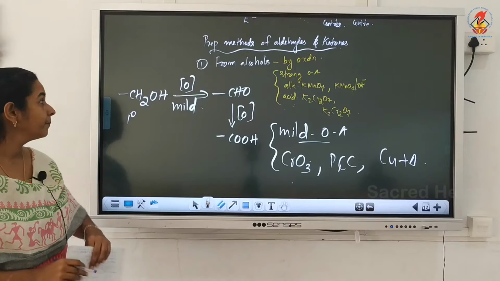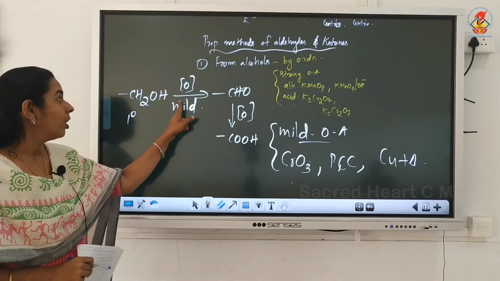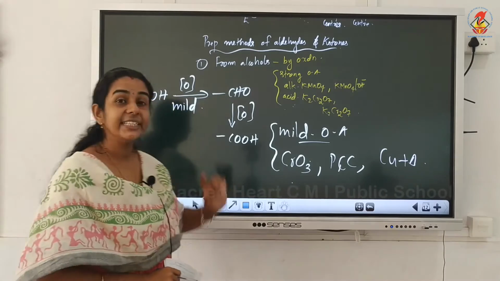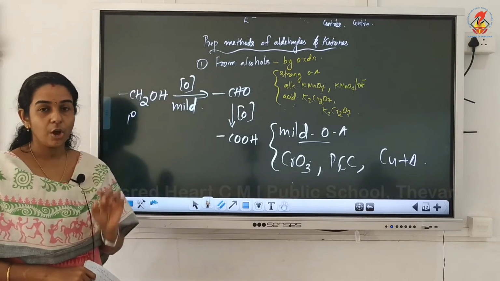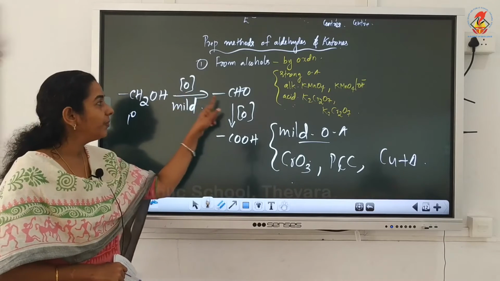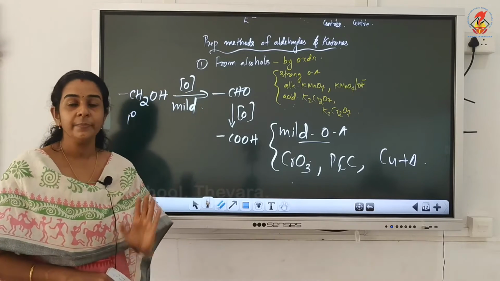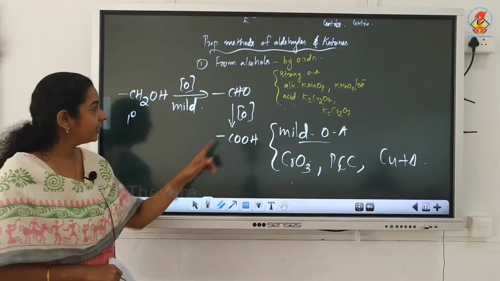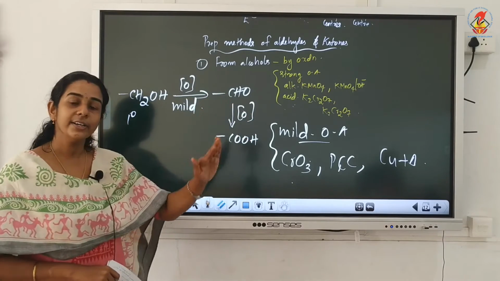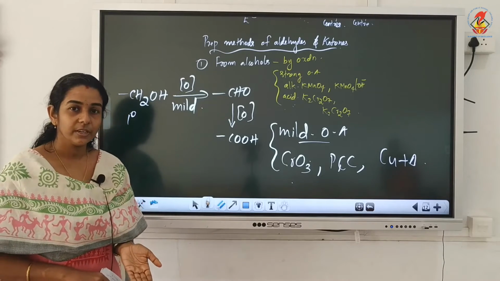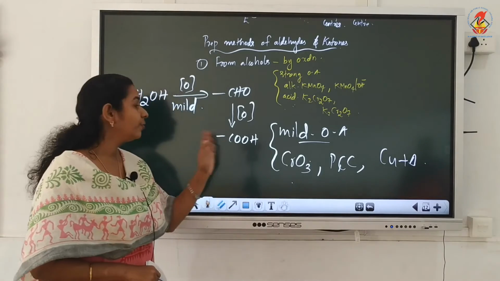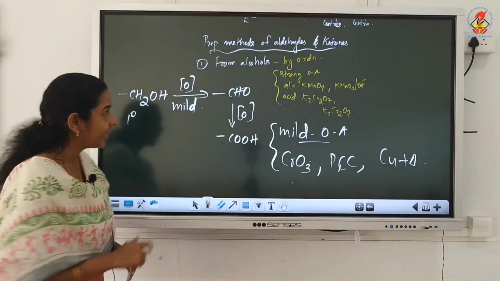Very important. A primary alcohol on oxidation using a mild oxidizing agent gives the aldehyde only. If the oxidizing agent is mild, the CH2OH group will be converted to CHO only. Then on further oxidation, whether you use mild or strong oxidizing agent, you will always get a carboxylic acid.